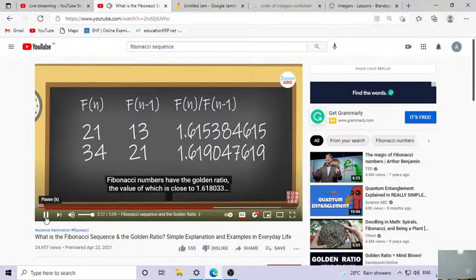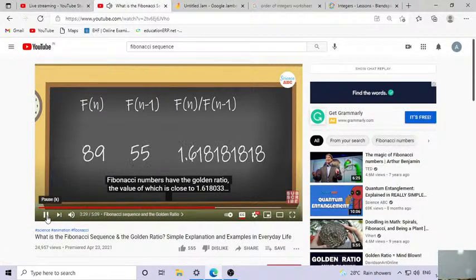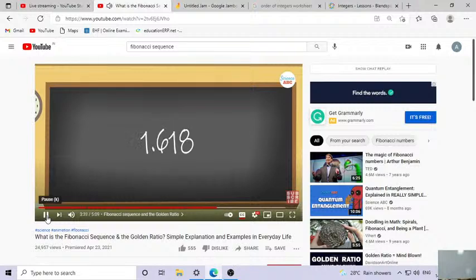You will notice that all Fibonacci numbers, see 1.61, 1.6190, ये डिवीजन have the golden ratio, the value of which is close to 1.618033.